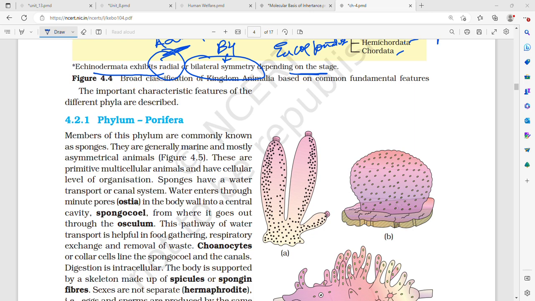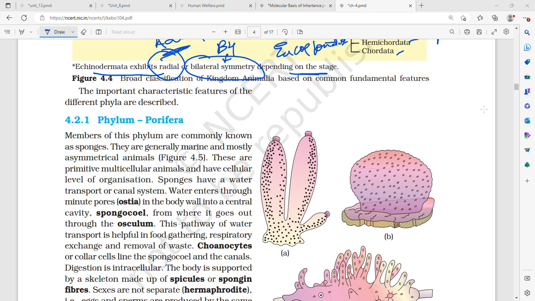After Aschelminthes, in Annelida and cephalopod Mollusca, closed circulatory system is present.